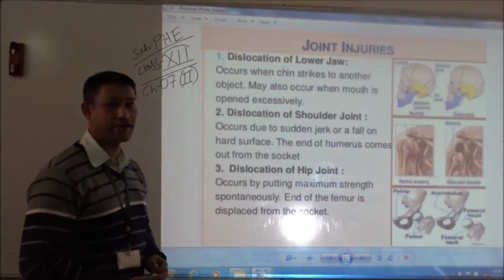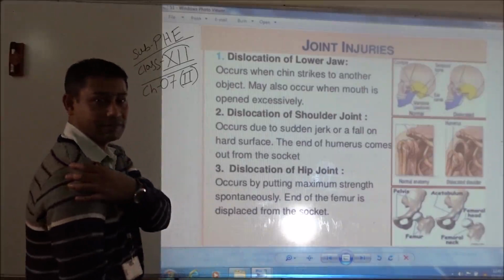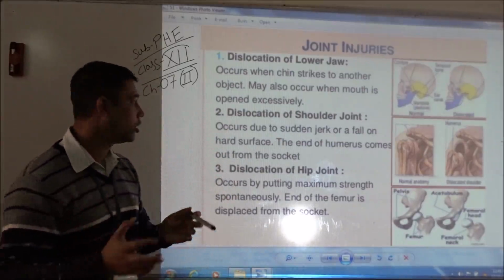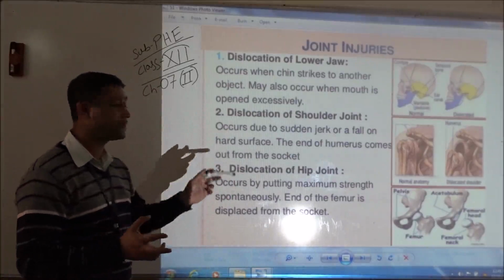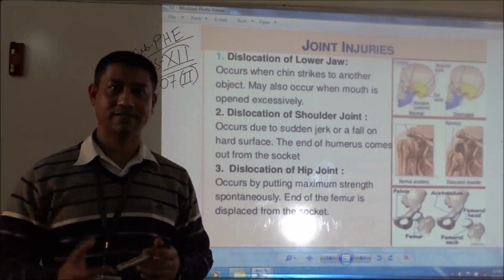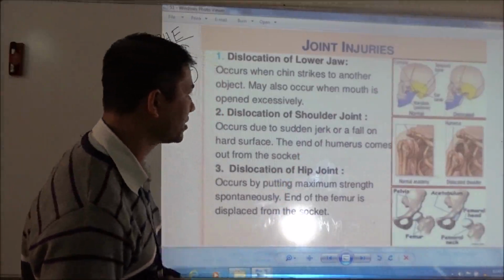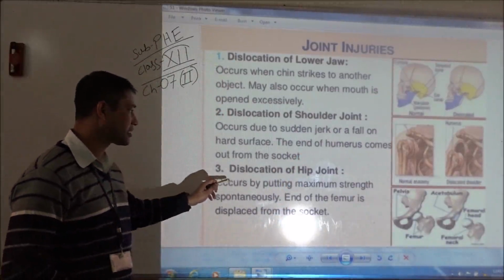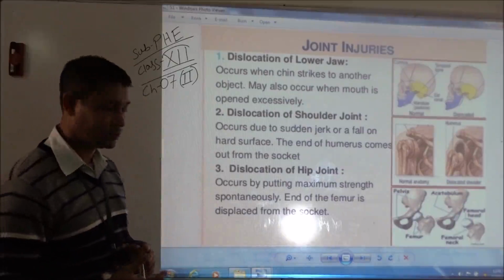Dislocation of shoulder joint, this shoulder girdle. It occurs due to a sudden jerk or a fall on a hard surface, as you can see in the image also. The third one is dislocation of hip joint.